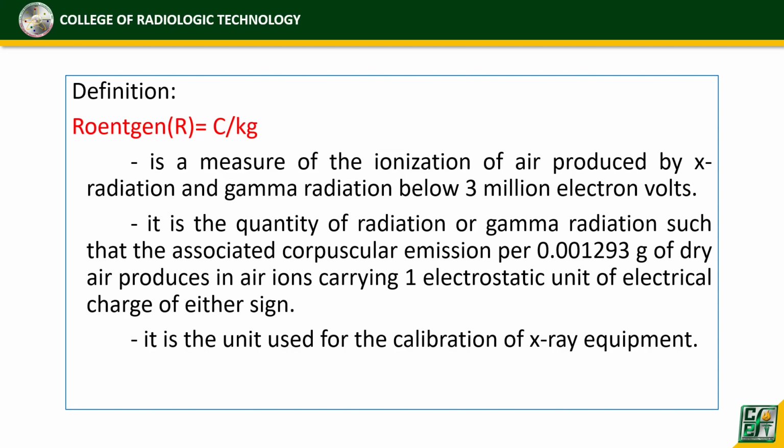Yan. So Röntgen is a measure of ionization produced in air, either by X radiation or gamma radiation below 3 million electron volts or 3 mega electron volts.